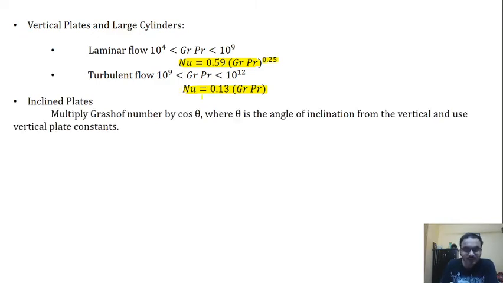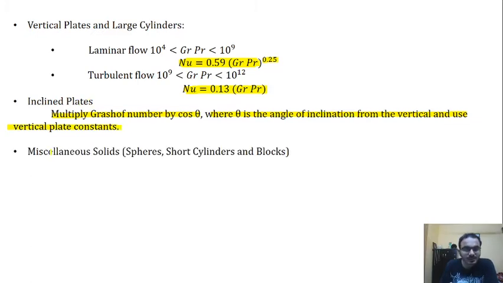Now for the inclined plate, in case of inclined plate, the Grashof number will be multiplied with cos theta, where theta is the angle of inclination from vertical, and use vertical plate constants. Okay. Now the next is miscellaneous solids, that is spheres, short cylinders and blocks.